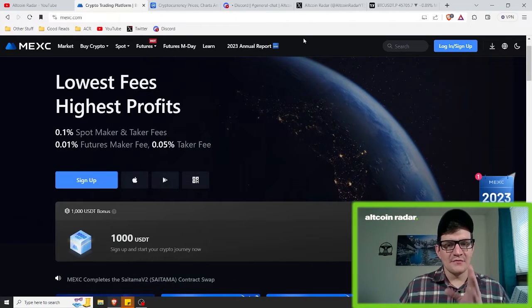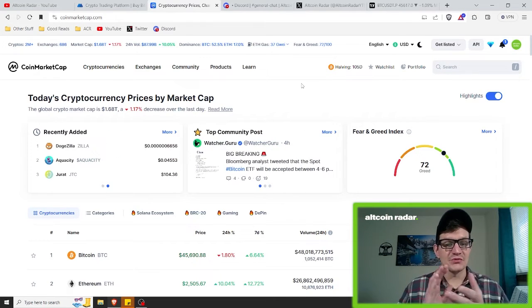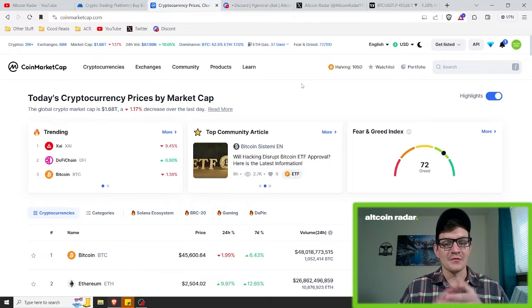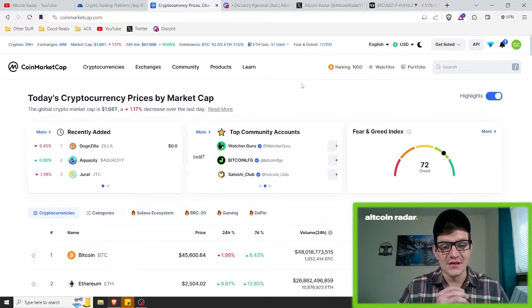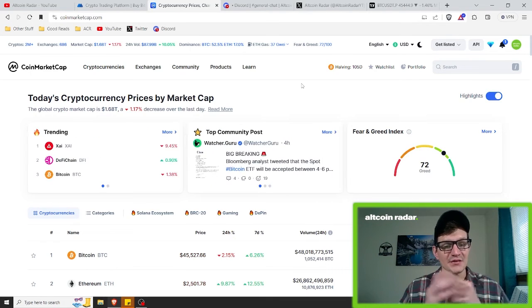As most of us know, hold on, let me get over to CoinMarketCap real quick. As most of you guys know, trading crypto can be both extremely profitable and extremely horrific at the same time, especially for beginners. So to navigate these volatile markets successfully, many traders typically turn to technical analysis tools.